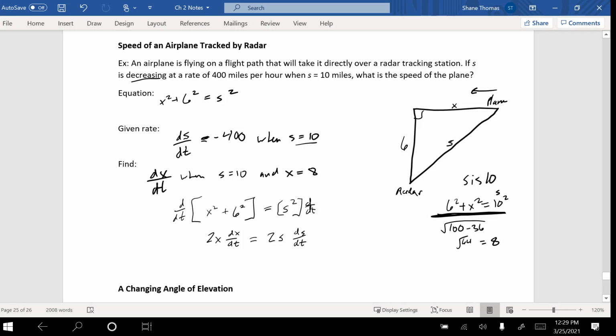So I'm looking for dx/dt. Okay, so that's the plane. I'm looking at the distance he flies over that time. So I'm going to divide both sides by 2x. That's going to give me that dx/dt is equal to S over x times dS/dt. All right, still with me?